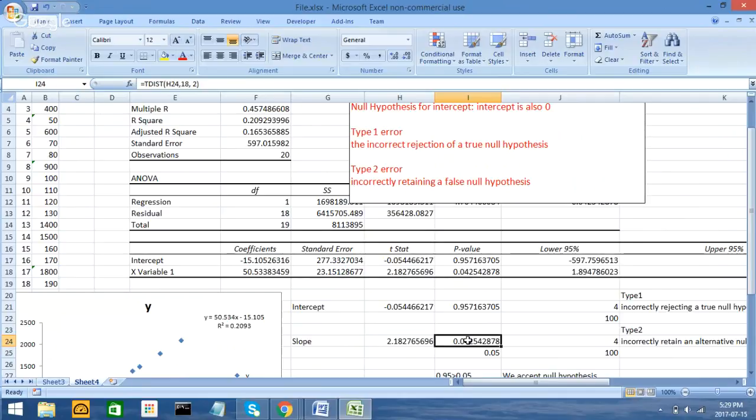So again, if we have 100 instances, 96 times out of 100 we correctly reject the null hypothesis for the slope. But the remaining 4 times out of 100, we incorrectly accept the alternative hypothesis.